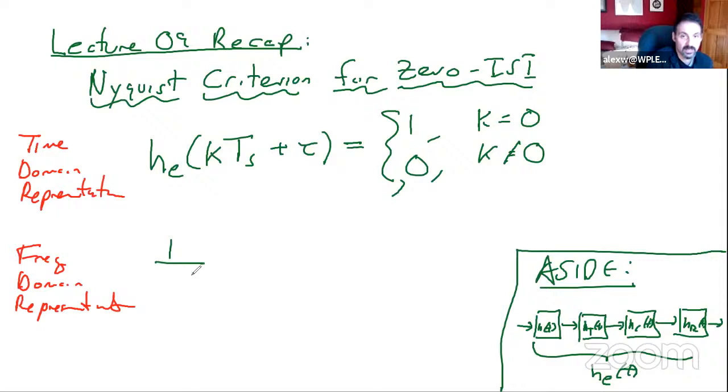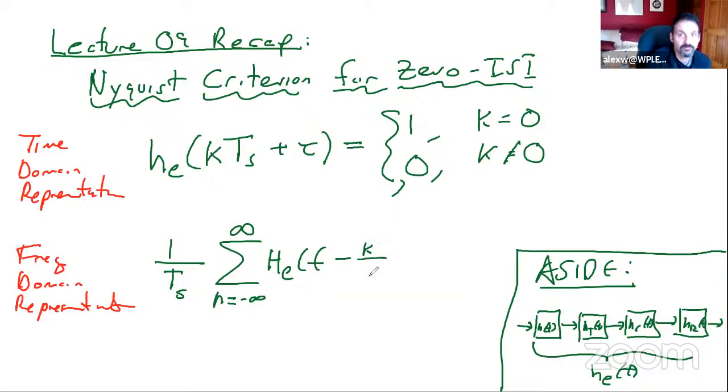You take that he of t and its Fourier transform, he of f, and you take integer multiples, frequency shifted versions of it, like what I discussed yesterday.